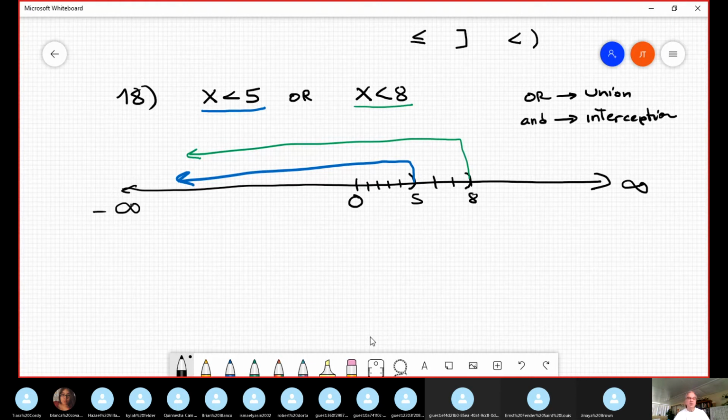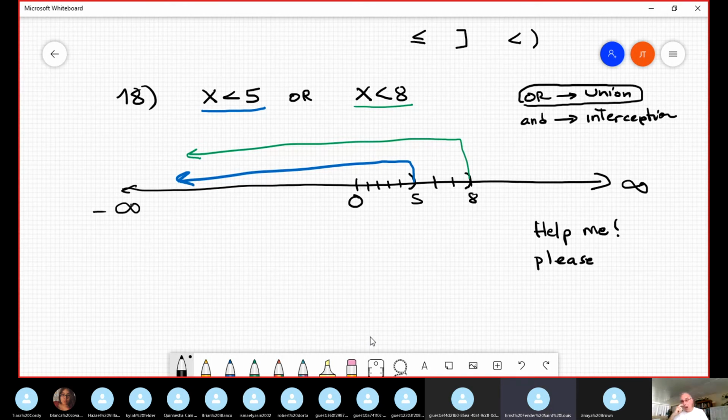Now, this is a crucial moment in which you combine blue and green, but using OR. And remember, OR is union, not intersection. Be careful. Help me, please. Go ahead.